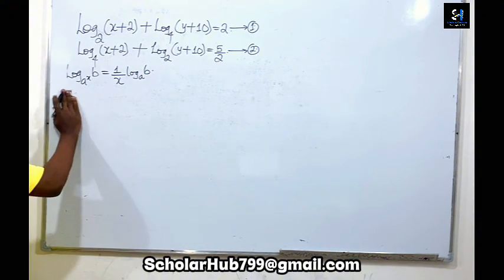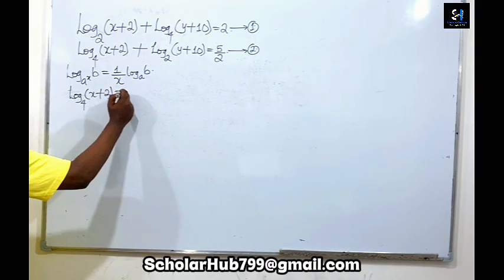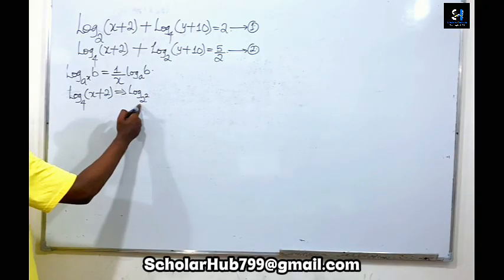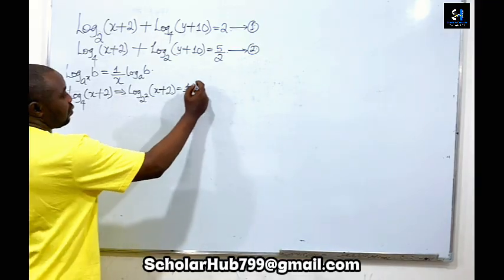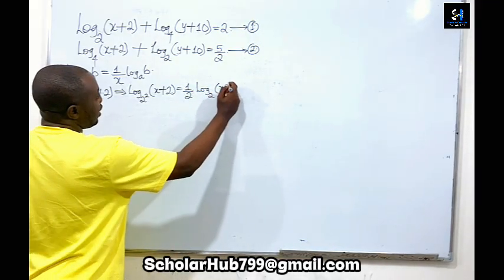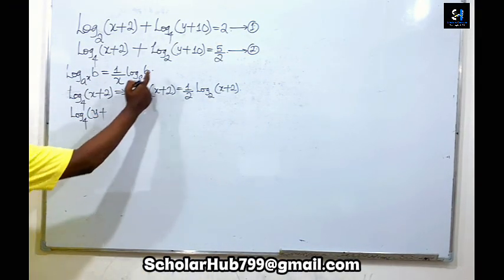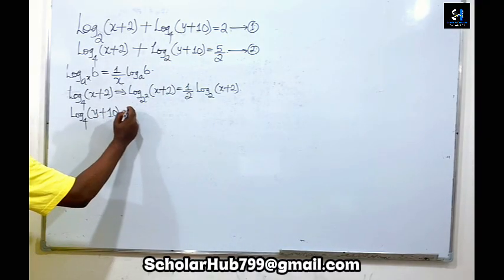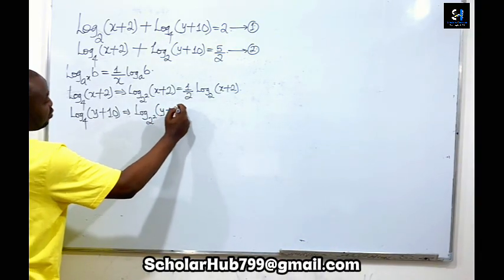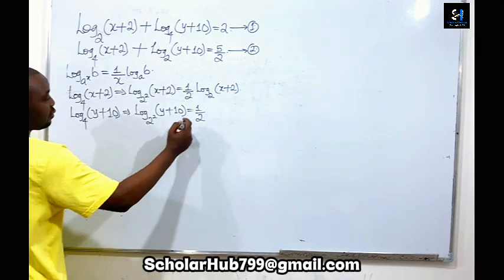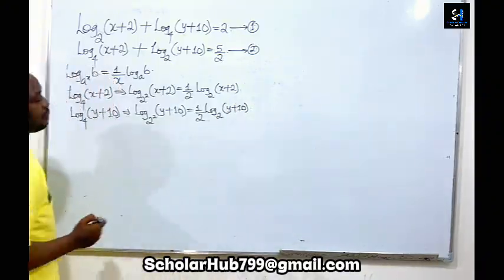So for log base 4 of (x + 2), this is the same as log base 2^2 of (x + 2), and this will be equal to 1/2 of log base 2 of (x + 2). Then also we have log base 4 of (y + 10). This is the same as log base 2^2 of (y + 10), and this will be equal to 1/2 of log base 2 of (y + 10).